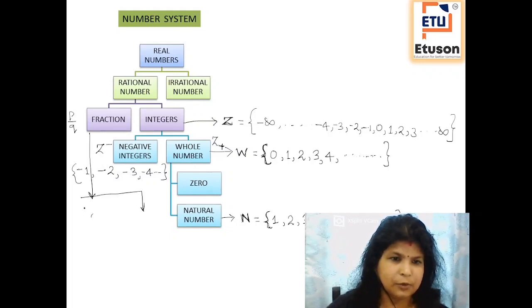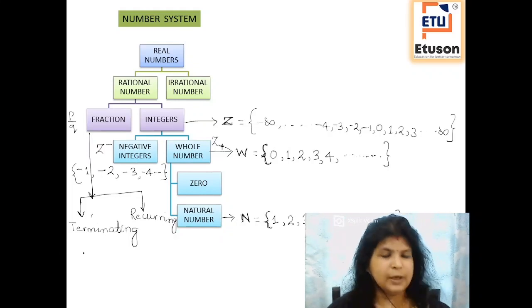So if you are going to classify the fraction after converting it to decimal, you will have terminating and recurring or non-terminating. What is the difference between terminating and recurring?